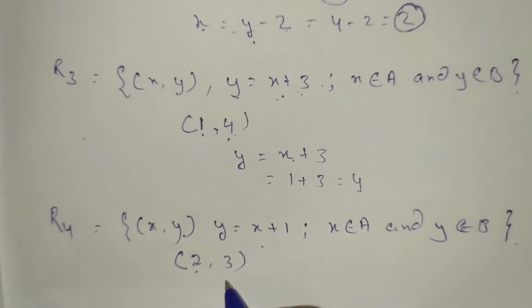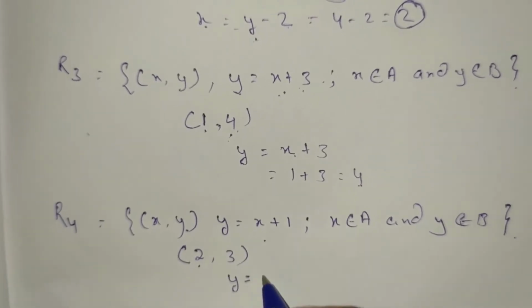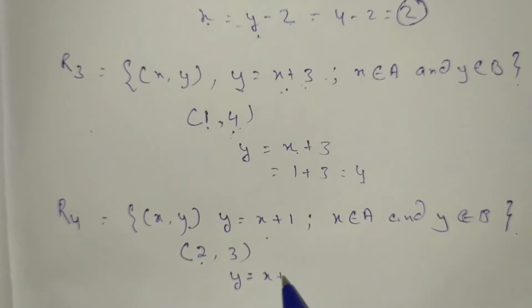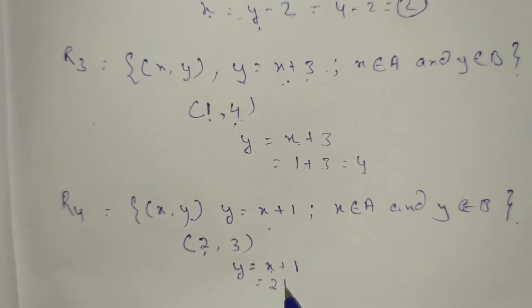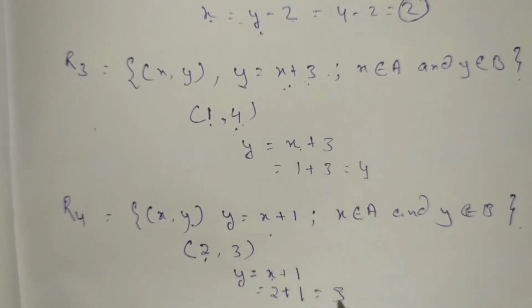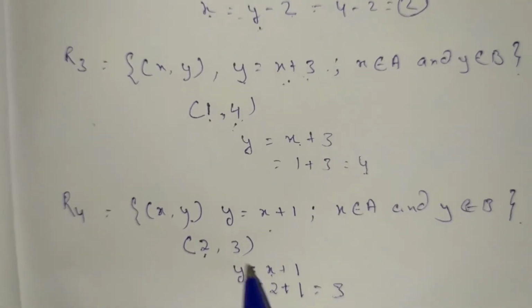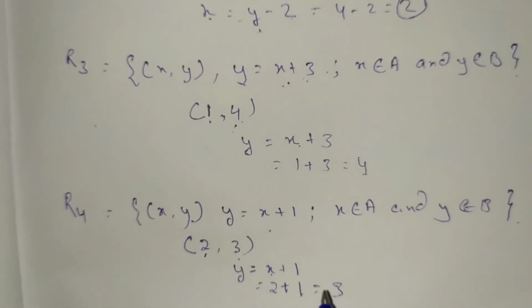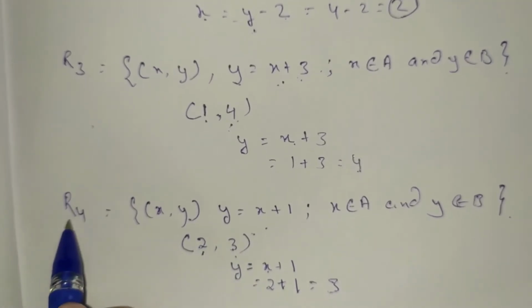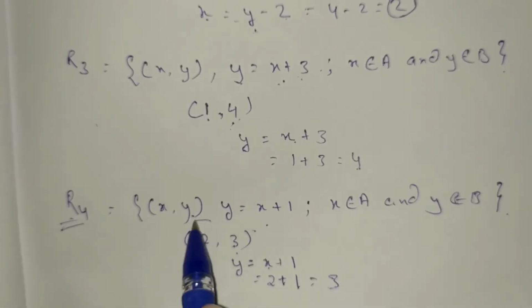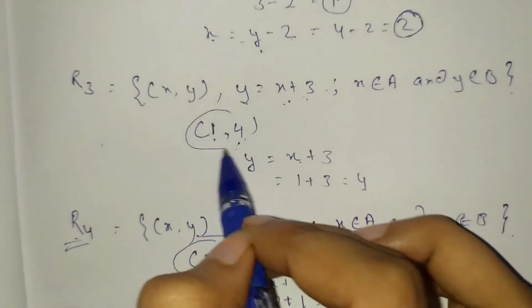Now let's cross check it by the equation, that is y is equal to x plus 1. Here the value of x is 2, so 2 plus 1 is equal to 3, and we can see that the value of y is 3.